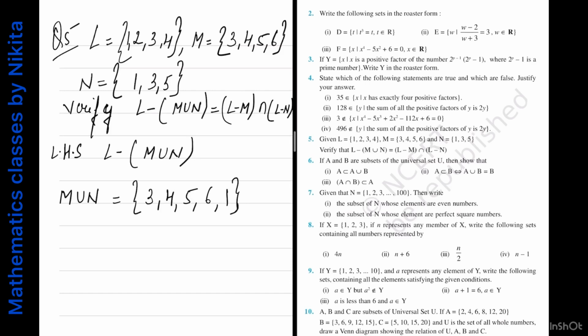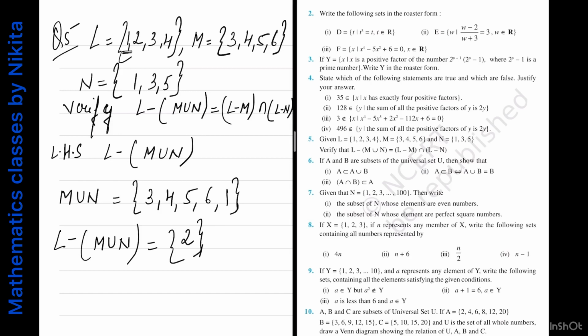So this is M union N. Now L minus (M union N) means all the elements in L which are not there in M union N. So pick each element of L, check whether it is there in M union N or not. If it is there, don't write. If it is not there, write. So 1, I can see that 1 is there. Then 2, 2 is not there, so I will write 2. Then 3, 3 is there in M union N, so I will not write. 4 is there, so it is singleton 2.